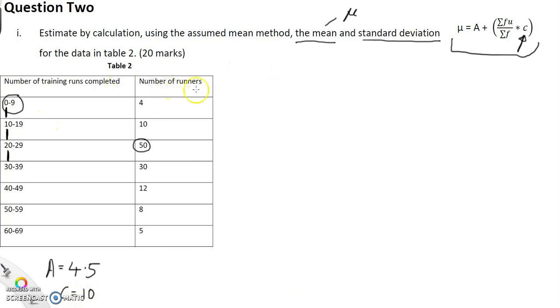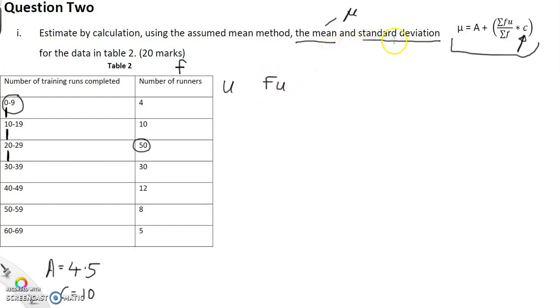Now to calculate the mean, we're going to need some extra columns added on to this table. The first column, which we'll need later in our standard deviation calculation, is the u column. Then we need F, the number of runners, also known as the frequency. Then we need our FU column.